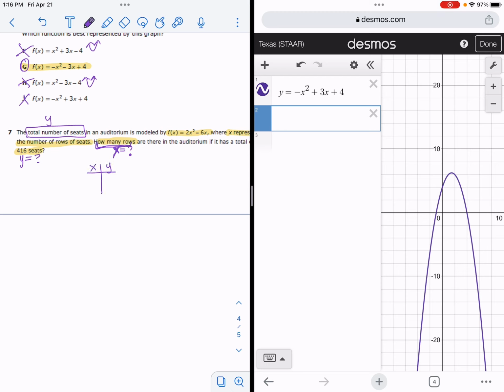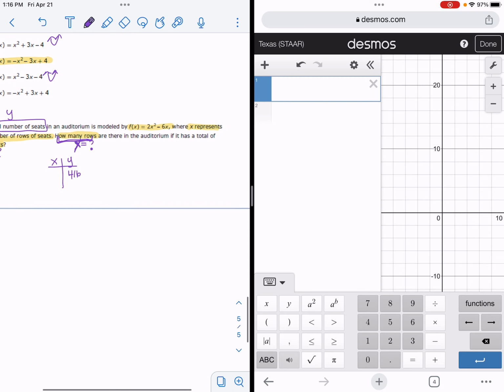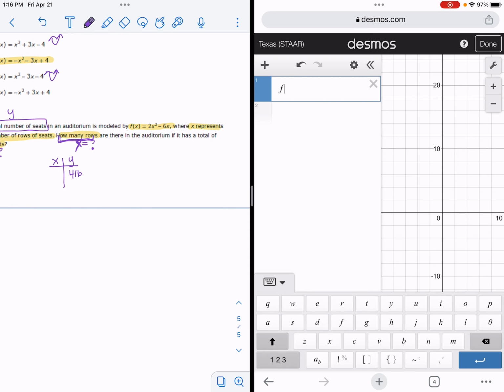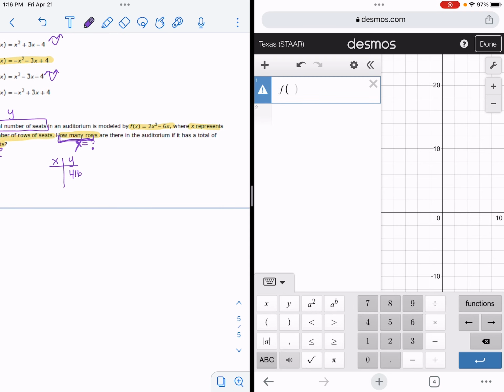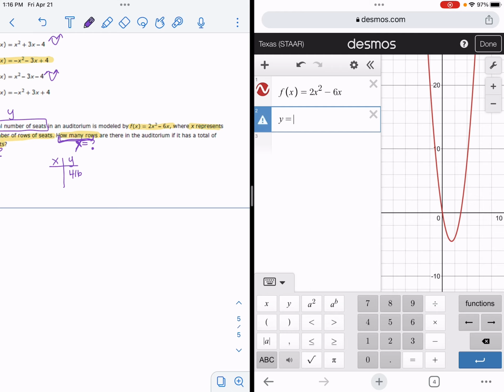So they want to know, when does y equal 416? Okay, and so if we graph this function, 2x squared minus 6x, and then we're looking for when y equals 416.